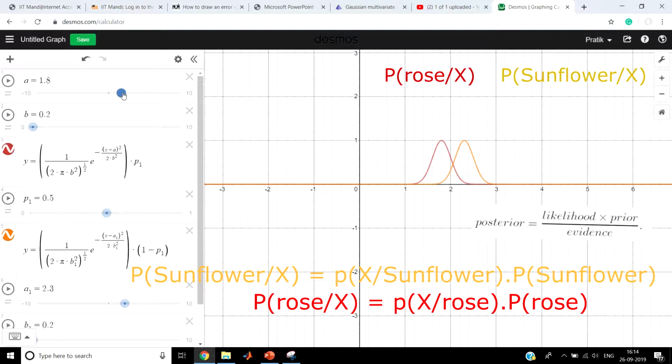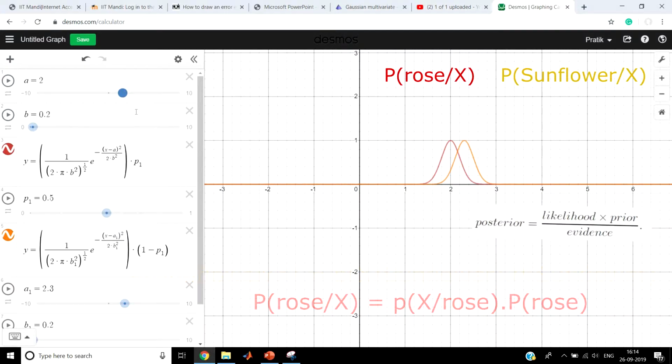We saw that in our example I had roses somewhere around 2, and I had this somewhere over here, say I am taking 3, okay I guess, and let us change the variance also a bit.